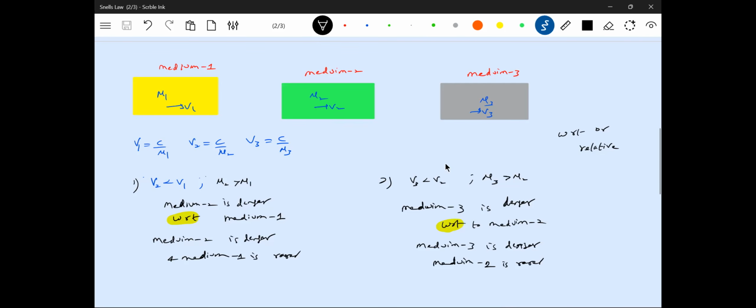So here only we can write it now. Suppose F equal to V by lambda. V further we can write as C by mu. Then F equal to C by lambda naught.